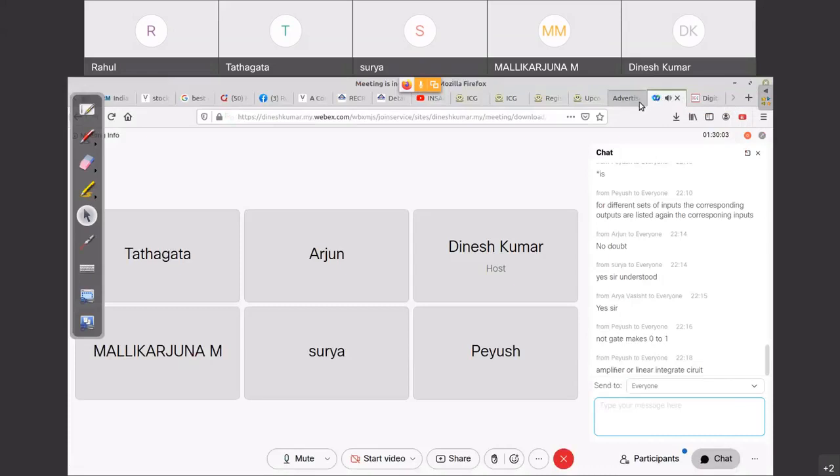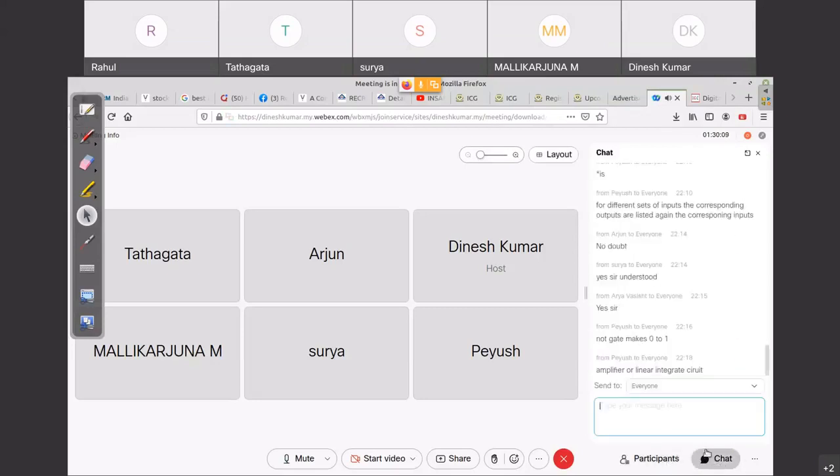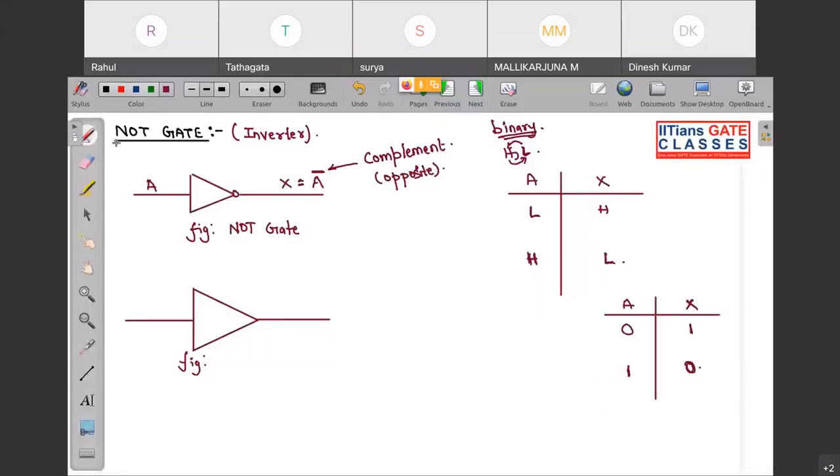I am not asking in analog circuits. Can you tell me in digital? In digital, this is known as a buffer circuit. Now what is this buffer circuit? A buffer circuit is a simple circuit where whatever input you give, the same output we get.